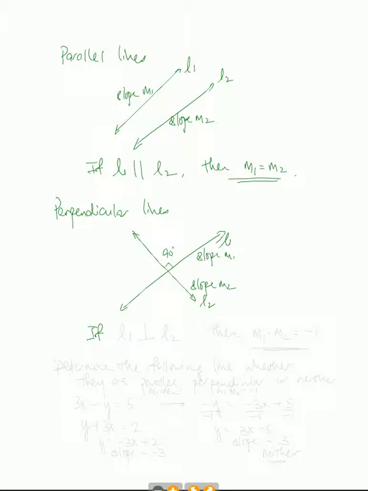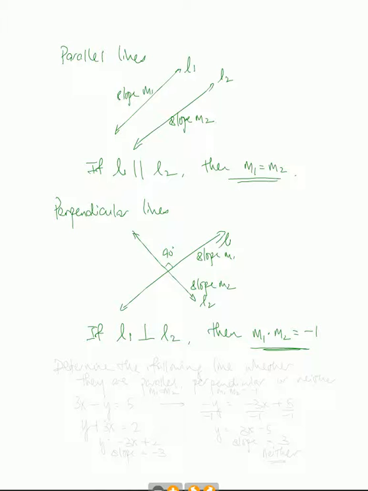When the lines are perpendicular, it means that the two slopes are not the same, but their product is going to be -1. So whatever the slope is, the other one has to be the opposite reciprocal, so that when you multiply them, the answer becomes -1.